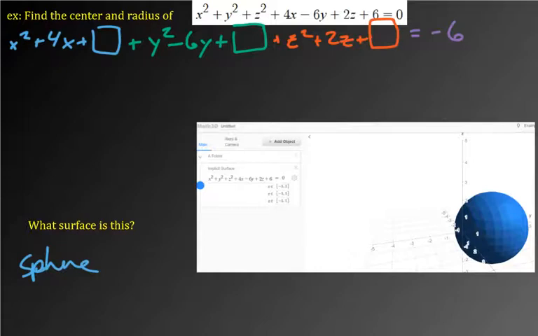So you just go and add b over 2 squared, and b for x is 4. So 4 over 2 squared, so that's 2 squared really, which is 4. And then I have to keep everything balanced, so I add it over there. b for the y terms is negative 6.